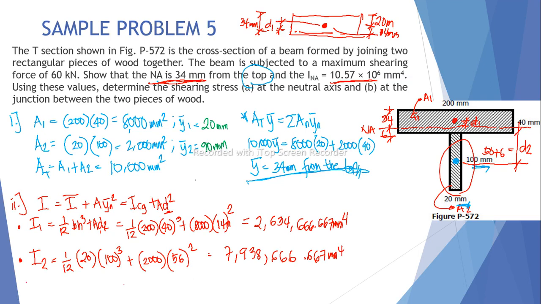So to get the moment of inertia for the whole section, the I total, we add I1 plus I2.